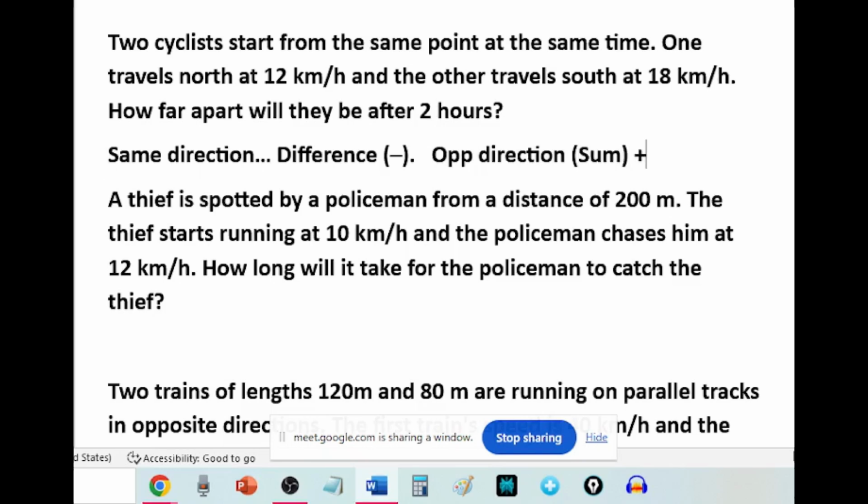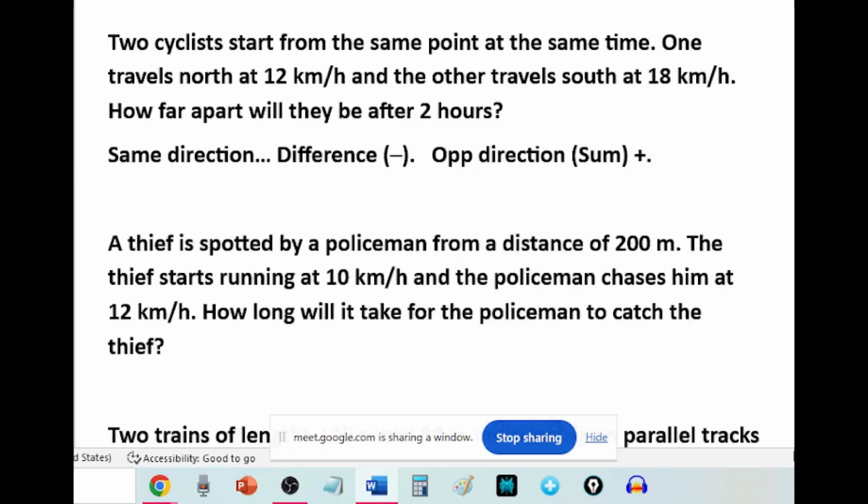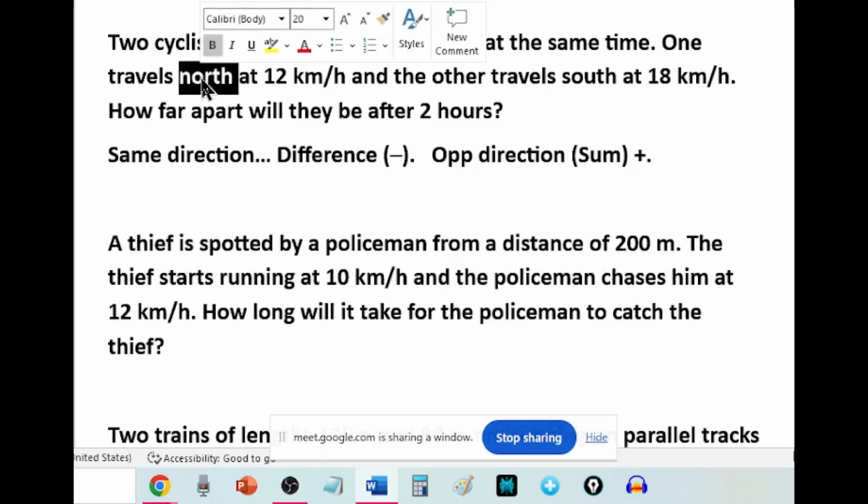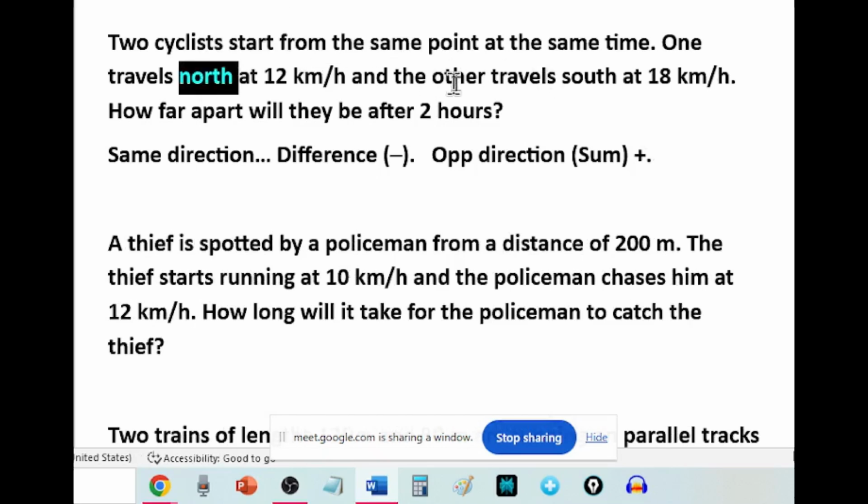Okay. So here they are traveling in which direction? One is going north, one is going south. Same or opposite? Opposite, so you add.